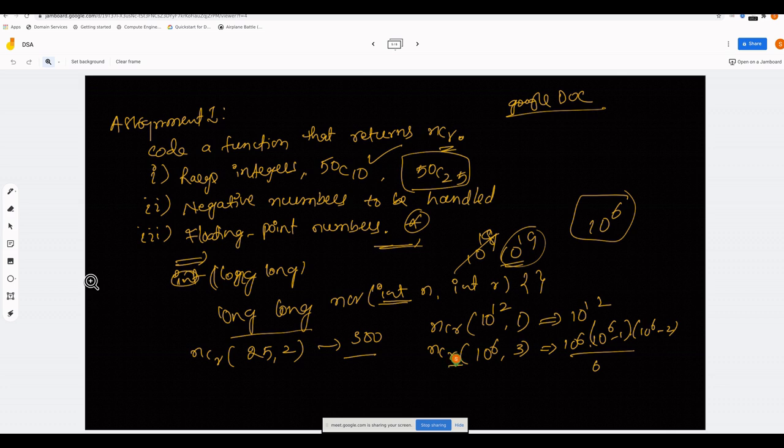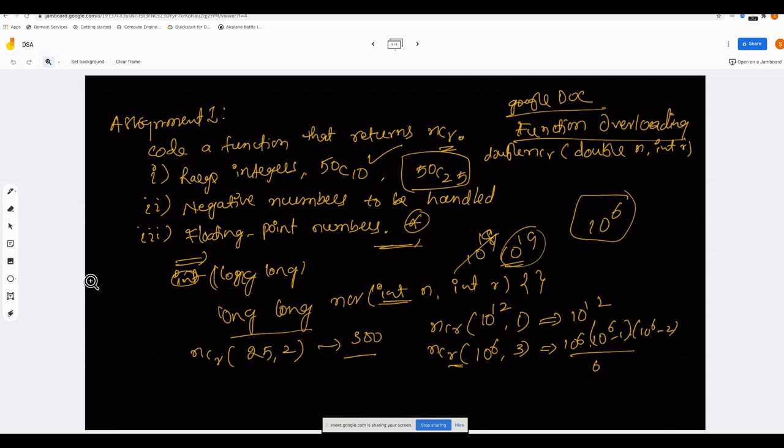For floating point there are two ways. If you're coding in C++, there is something called function overloading, right? You can use that, and define another nCr which would take a double n, and r should always be an integer, int r, and this would return a double.